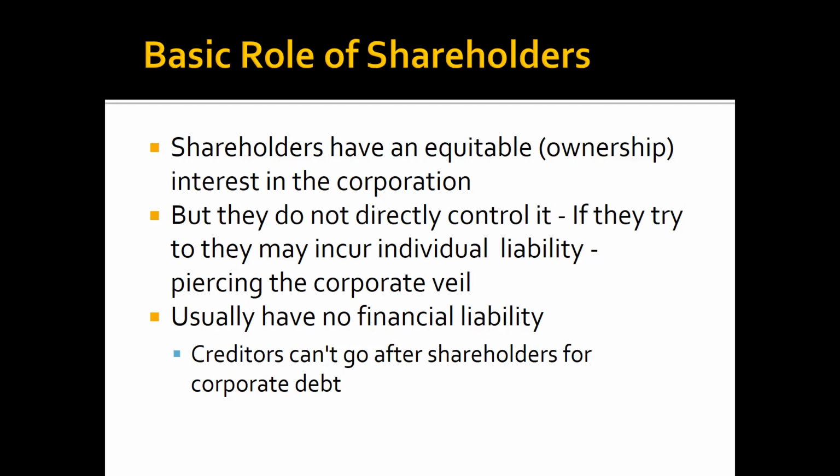All right, let's talk about the next major group here, and these are the shareholders. Now, again, their power varies depending upon the size of the corporation. In small corporations, shareholders are very important. If you have 5 people that own all the shares of stock, it's a small corporation, they're really important people.